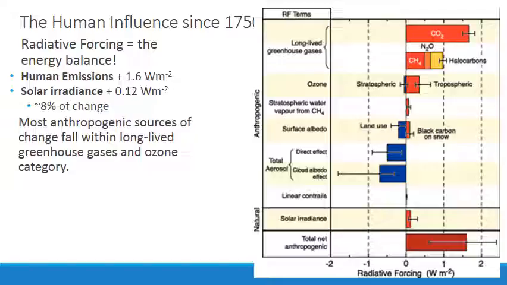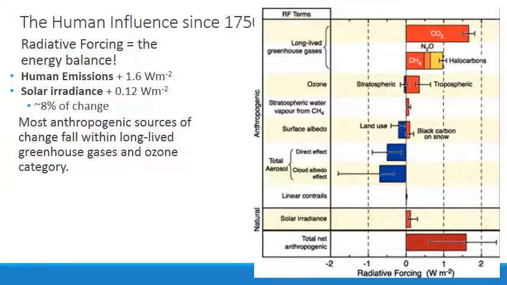This diagram comes from the IPCC. It's a branch of the United Nations. It's intended to show the relative influence of greenhouse gases, ozone pollutants, aerosols, and albedo changes on the Earth's heat budget. It also shows how the combined effects of those human-caused emissions compare with the effects of variation in solar radiation.